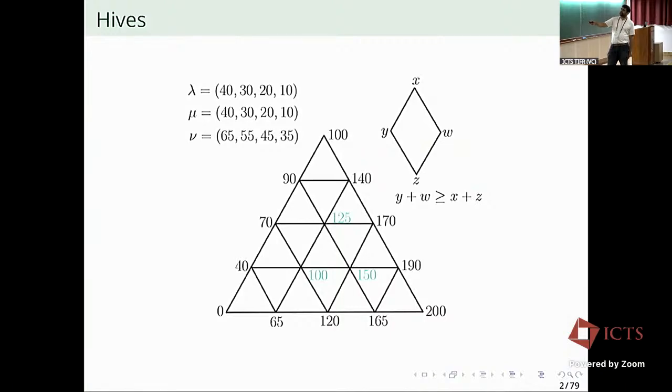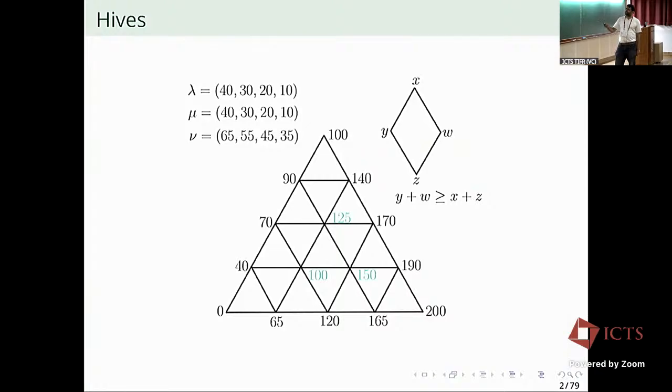And similarly, for every triangle, you interpolate it linearly. When you do so, you get a piecewise linear function, and this piecewise linear function is supposed to be a concave function. If this is the case, then we say that the numbers written on these interior vertices and the boundary together form a hive. And if not, they don't form a hive.